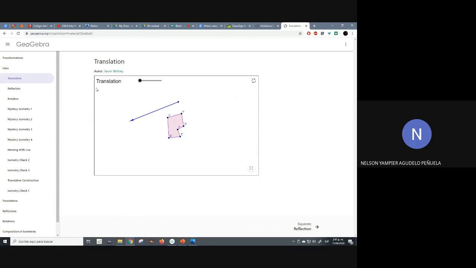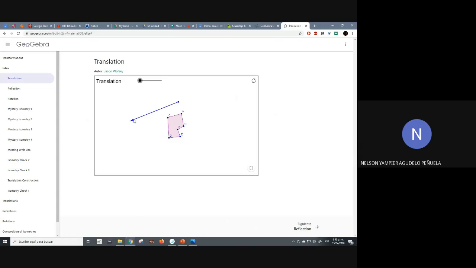The first one is called a translation, and in geometrical context, it is not traducción, translation. Cuando hablamos en geometría no es traducción, sino que se traduce más traslación, sin la N en español. ¿Listo? And it means only moving the figure across the board.